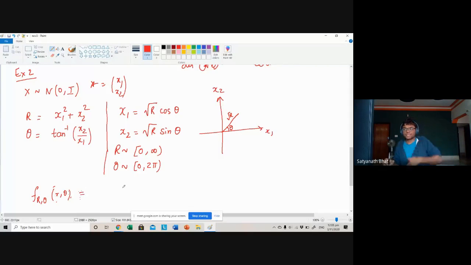That is nothing but f of x1, x2 of h1 of r theta, h2 of r theta, then the Jacobian of h with respect to r theta, the determinant of this matrix and its absolute value. Is this okay? So let us do that. What is the density for a bivariate x1?